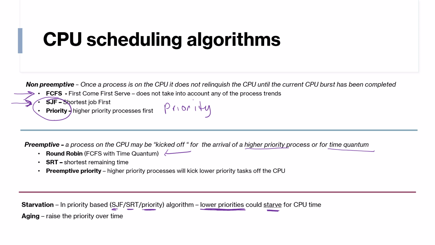So there are techniques. One technique is called aging, where you raise the priority of lower priority processes over time. After a process sits there for a given amount of time, you just raise the priority. This is one technique that could be used to avoid starvation.